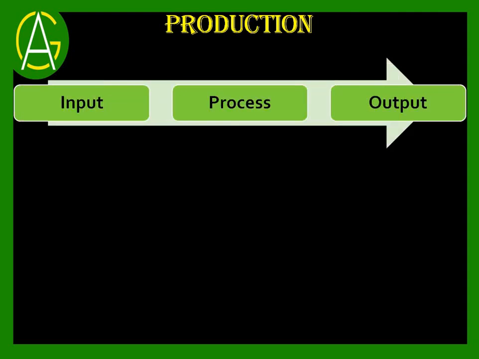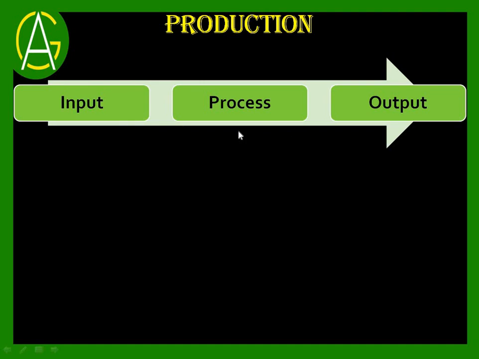Now first of all we need to understand the meaning of production. In simple terms, production is conversion of these inputs into this output. Now in order to convert the input into the output, we need to have certain process. So when inputs are processed upon, output is generated.